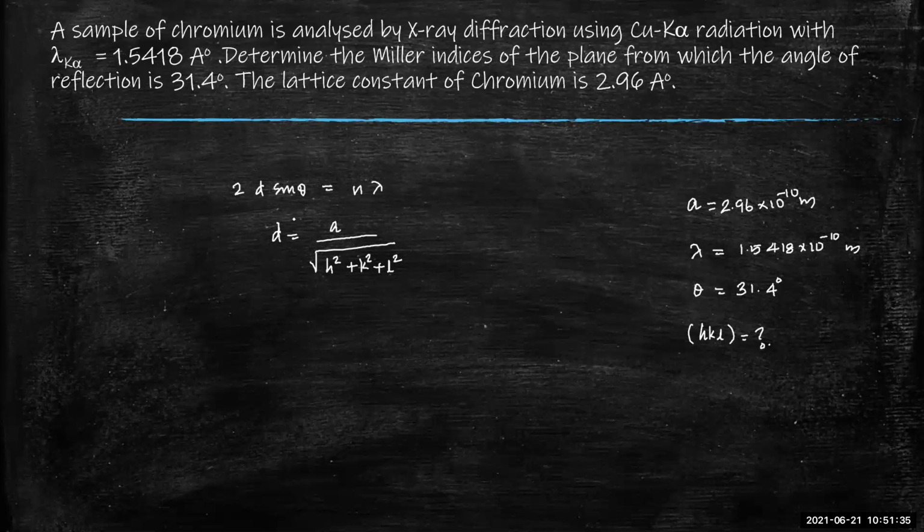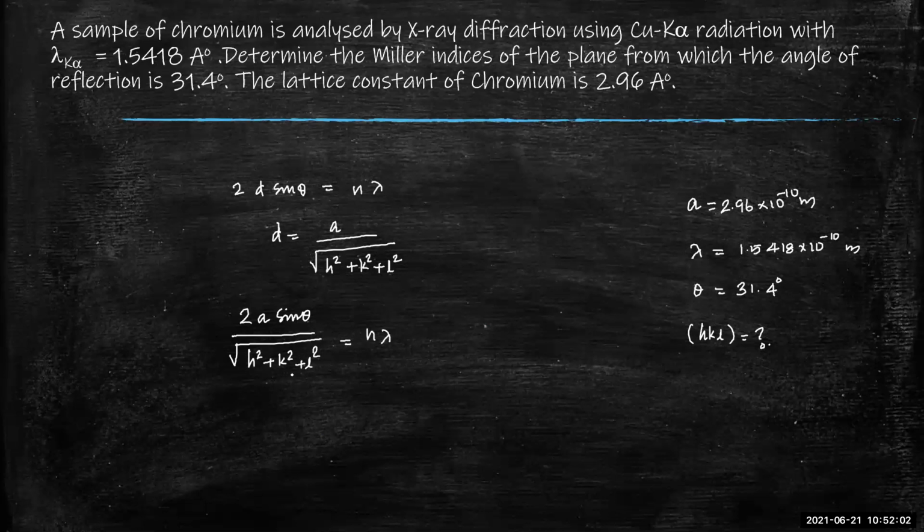So combining these two equations, that is substituting the value of d here, we get 2a sine theta divided by root of h square plus k square plus l square is equal to n lambda.